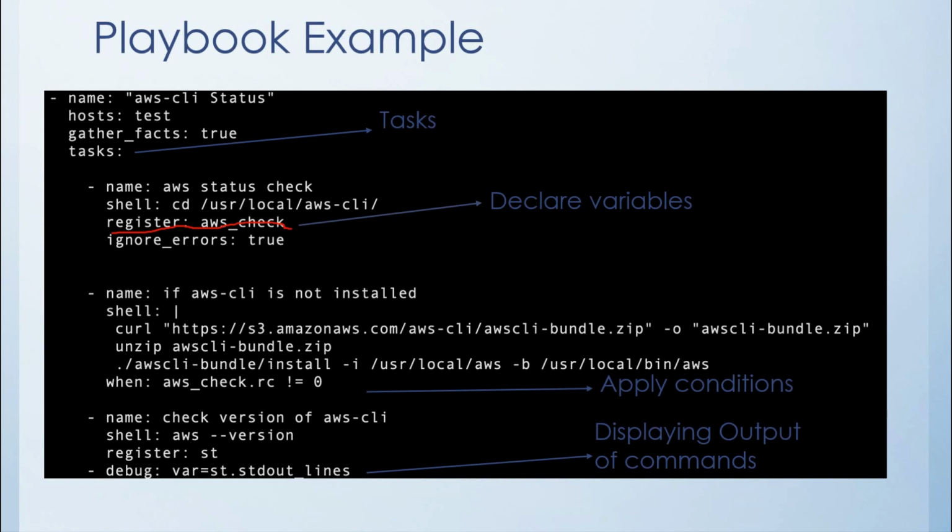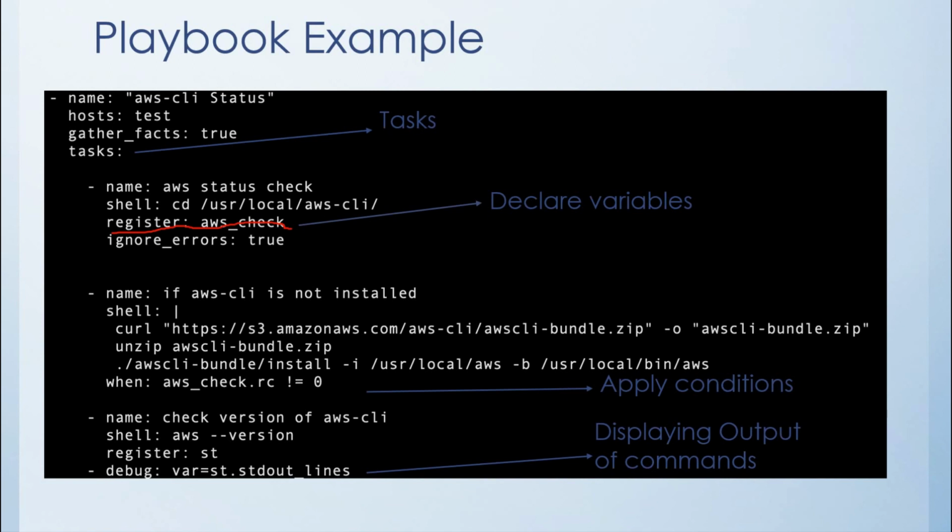If this path exists, it means AWS CLI is already present. The folder is present, so the return code will be equal to 0. But if it is not present, in that case the return code will not be equal to 0. So I have to execute all these steps.